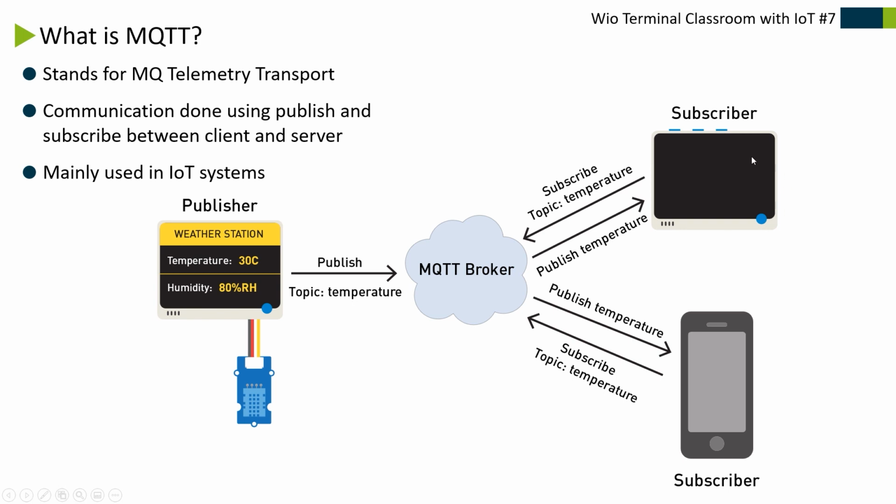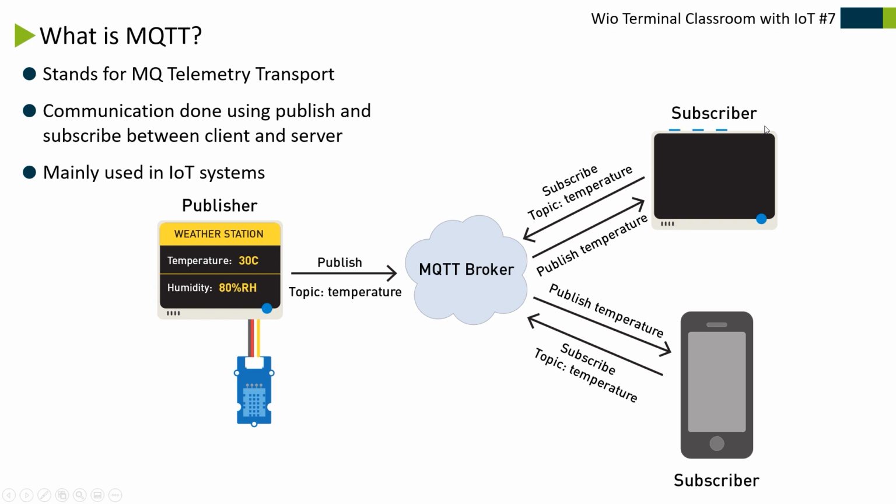Then a subscriber is also connected to the MQTT broker, and here it subscribes to a topic such as temperature. When it is subscribed to the temperature topic, once the MQTT broker receives the telemetry data on the temperature topic, it will publish the telemetry data to the subscriber.